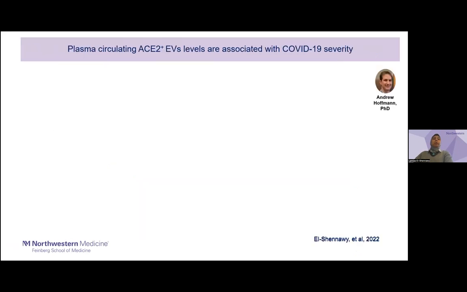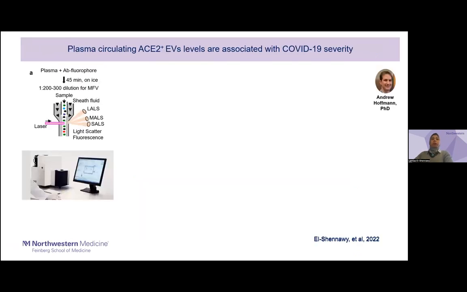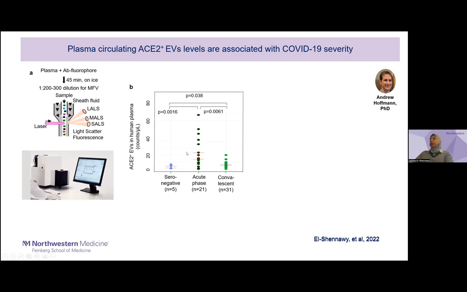So we used microflow cytometry or microflow vesiculometry, and using this nice technique, we were able to find that the levels of the ACE2 expressing extracellular vesicles in the human plasma of acute phase and convalescent patients is significantly higher than those of the seronegative, which are healthy donors.